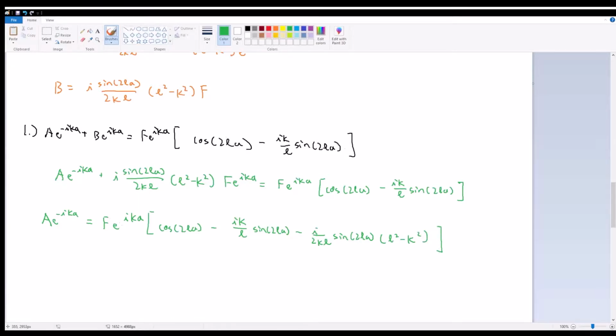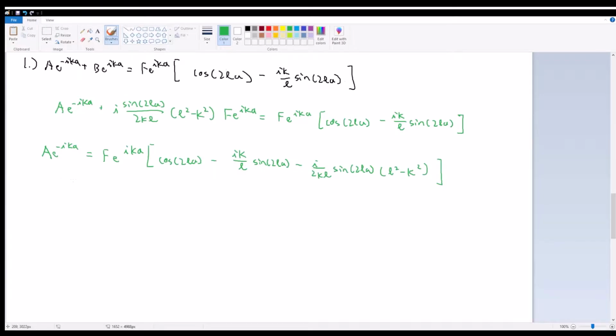And from here, we're going to get that a e to the negative ika is equal to f e to the ika multiplied by cosine 2la, and then I want to combine the sine 2la's, so this is going to be plus sine 2la multiplied by, in fact, let's just do a negative at the front instead, so that everything inside becomes a positive, ik over l plus i over 2kl times l squared minus k squared.